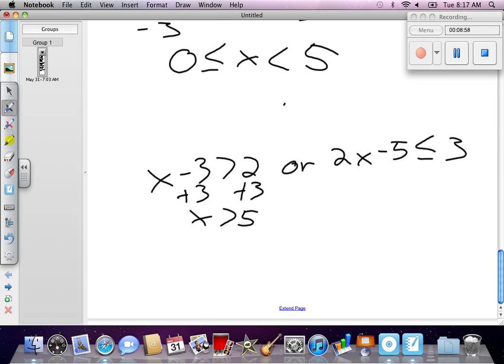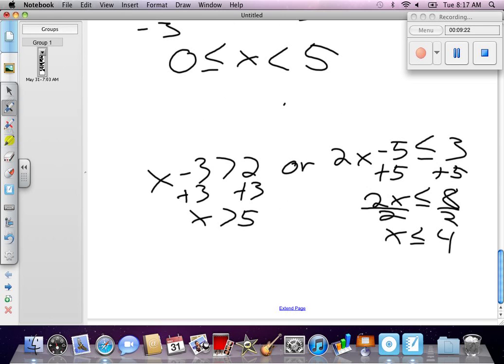And on the other side, what'd you do, Nick? Plus 5? So you get 2x is less than or equal to 8. And Jasmine, what did you do next? How do you get rid of the x right here? Divide by 2 so the x is by itself. So x is less than or equal to 4. So x should be greater than 5 or less than or equal to 4. So it should be A.